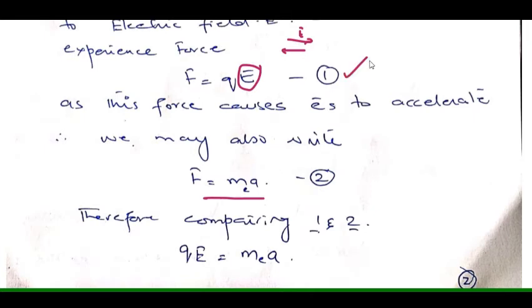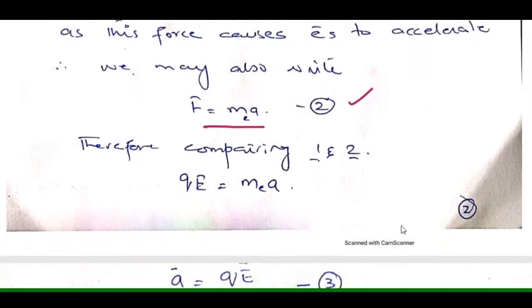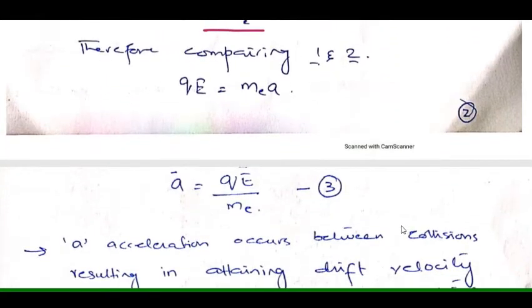Now comparing equation 1 and equation 2, we get QE equals Me a. From here I can find the acceleration, a vector quantity, a equals QE over Me. This is my equation number 3.